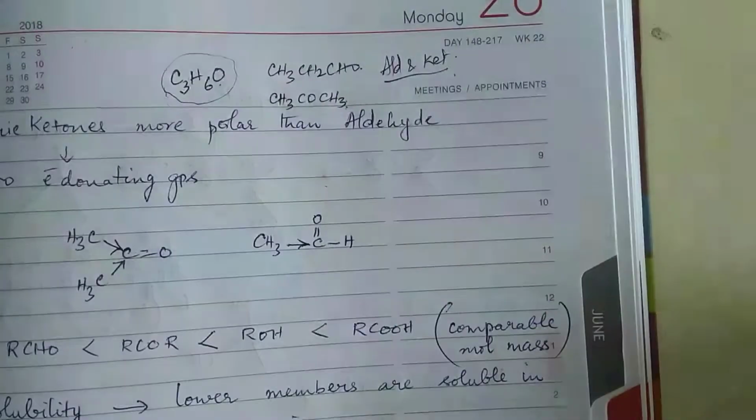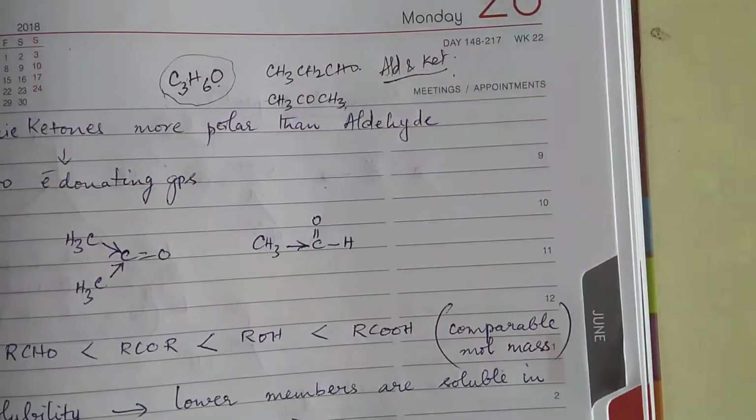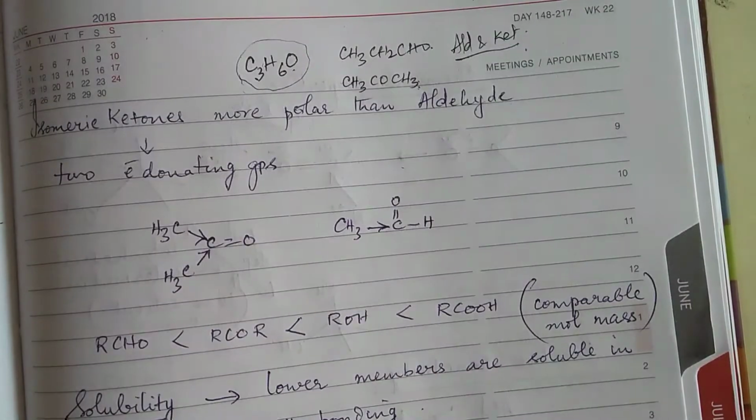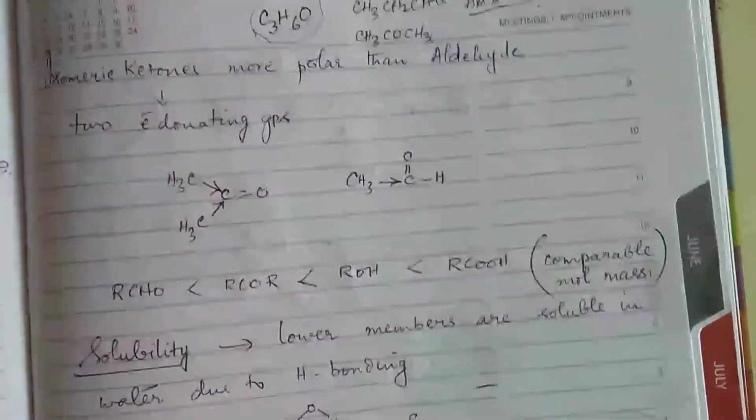So remember, aldehydes and ketones make a functional isomeric pair. Is that clear? This we have seen in 11th class. Yes, functional isomers, then position isomers, structural isomers, all these things you have already done. Okay, now in the case of ketones, what happens?